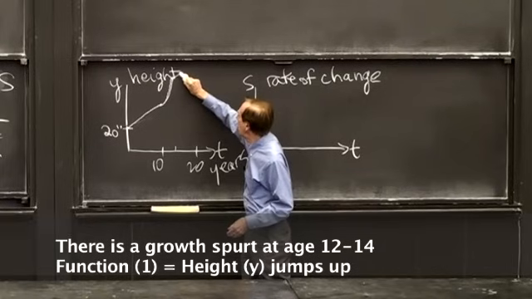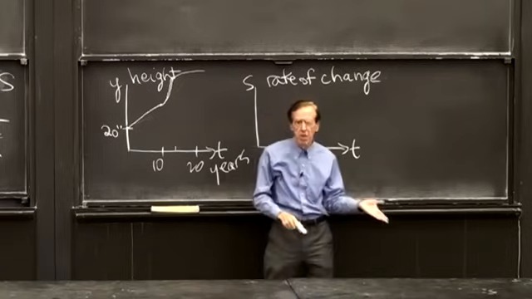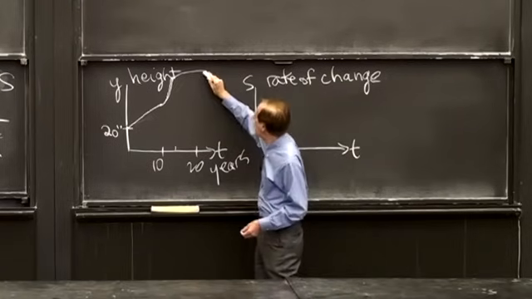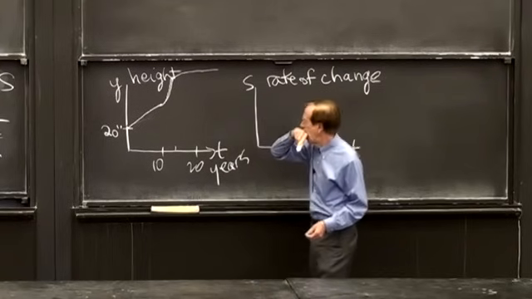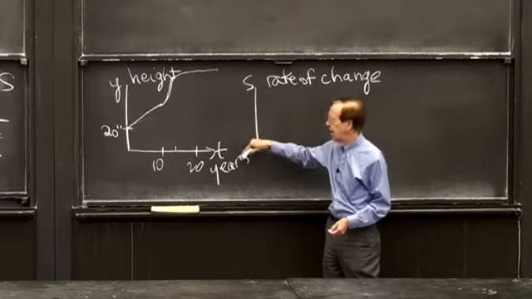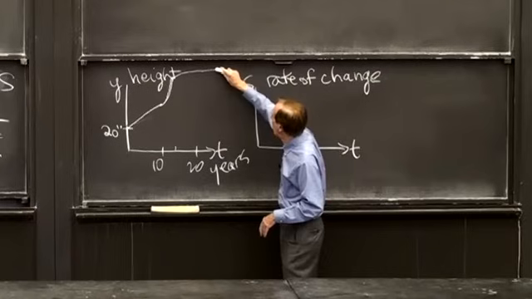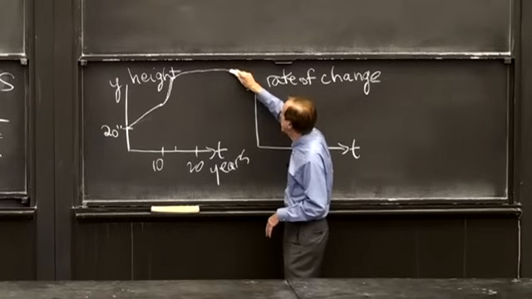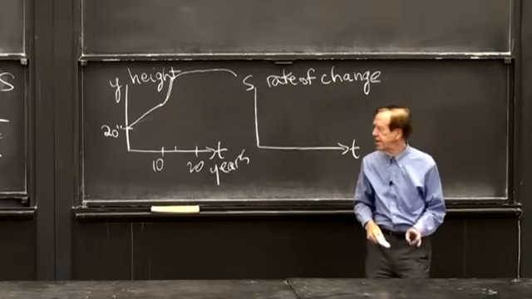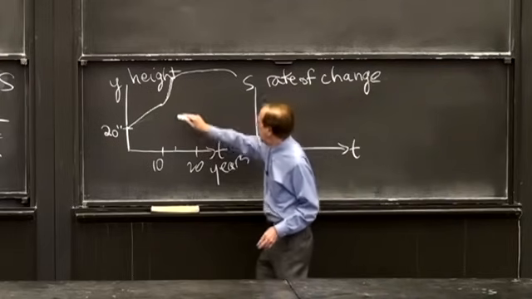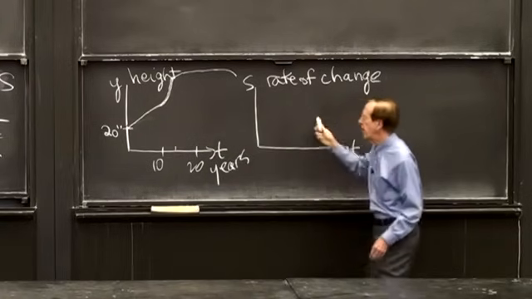It kind of levels off here, and actually you don't grow a whole lot more. I think when you get too old, you probably lose some. Let's not emphasize that.